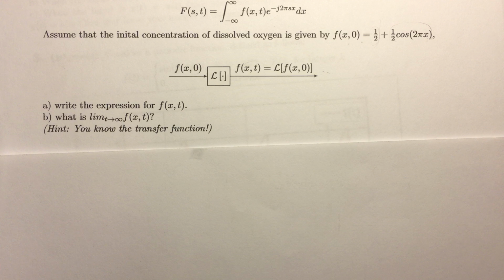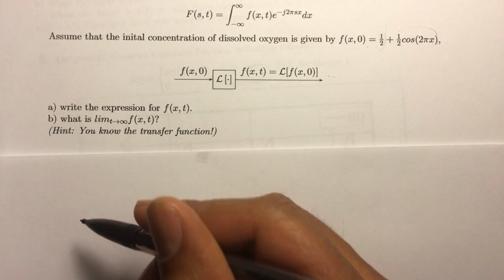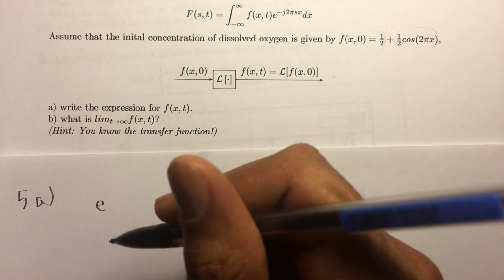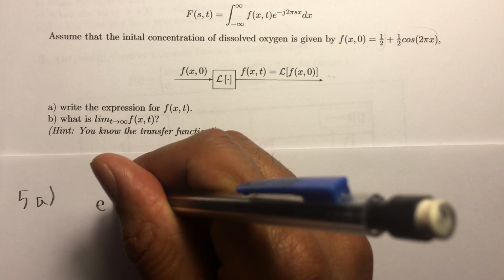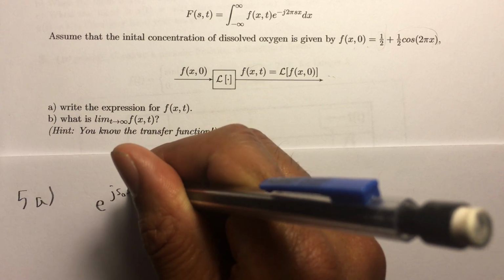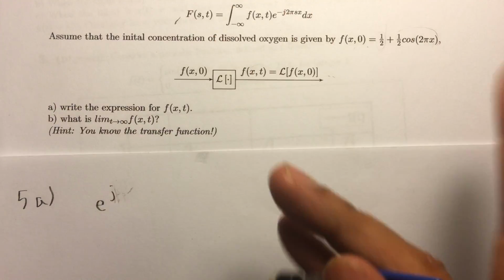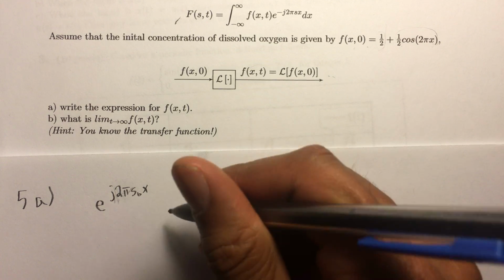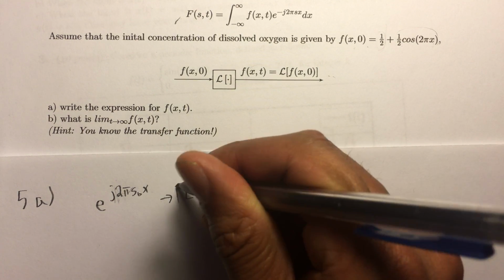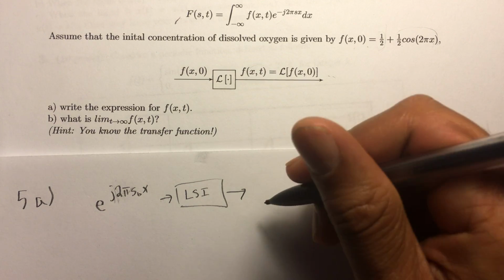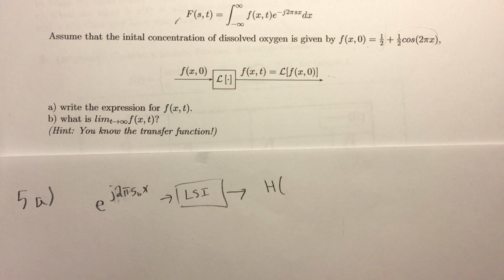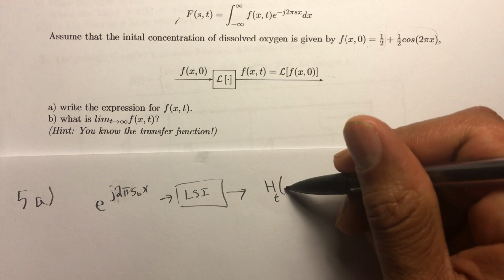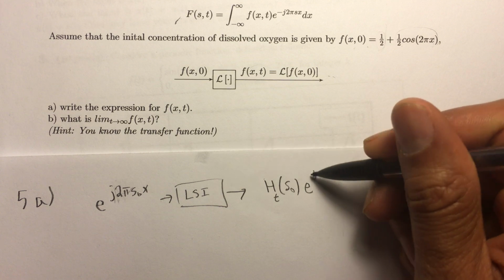Another way to solve it is to remember that for a linear shift invariant system, if we put in, let's write it like this, a complex exponential, e to the j2 pi s naught x, through a linear shift invariant system, what we're going to get out is the transfer function, h sub t of s naught, times the complex exponential.